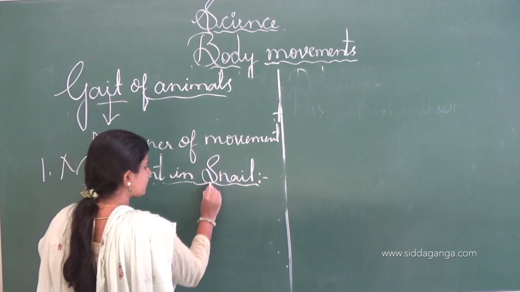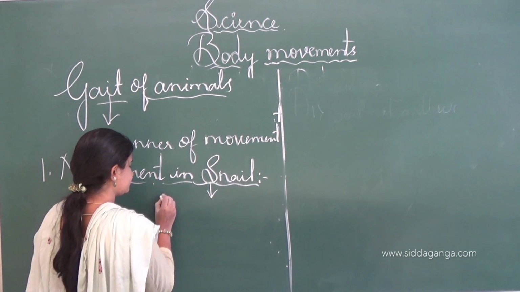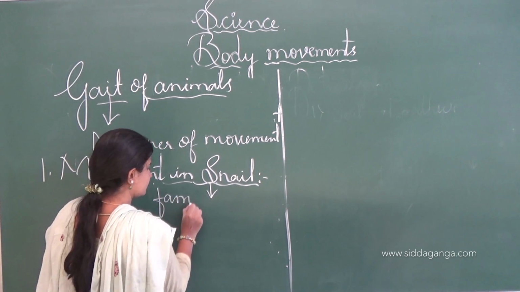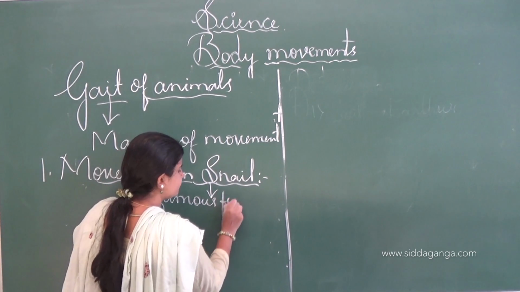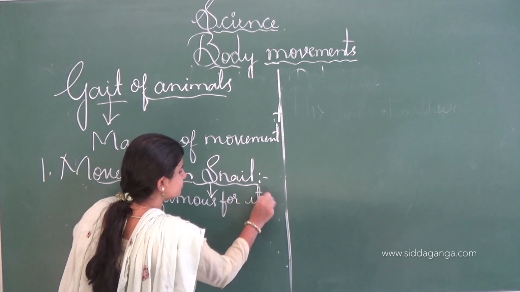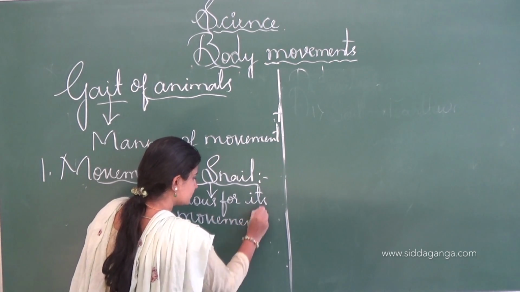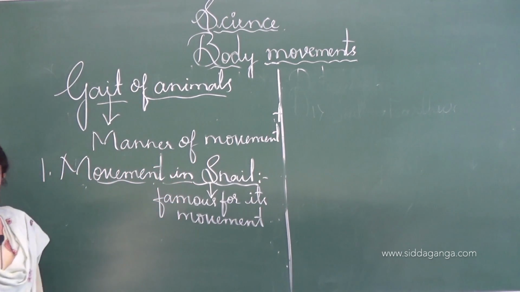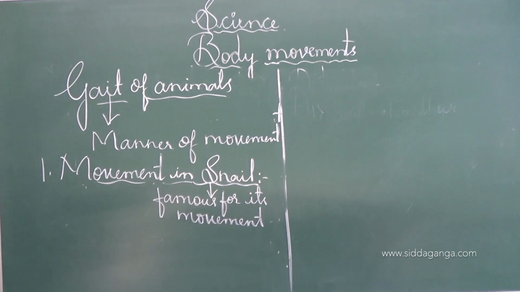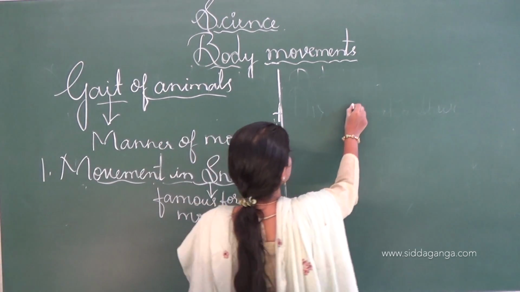Snail is famous for its movement. The outer part of the snail is called the shell.